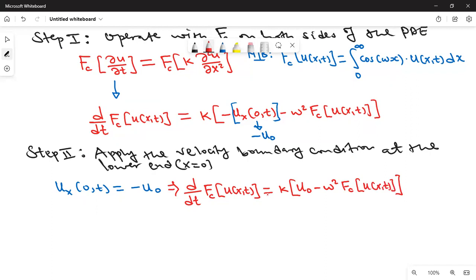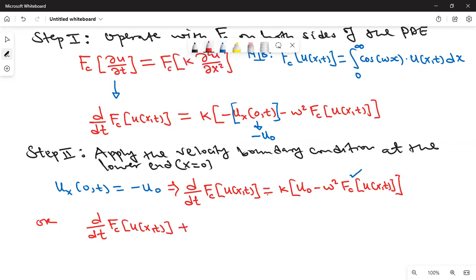Let me rearrange this. This is an ODE, so let me rearrange it. You can write d/dt of the Fourier cosine transform of u of x,t. I want to bring this to the left-hand side. So what will it be? It will now be a plus.